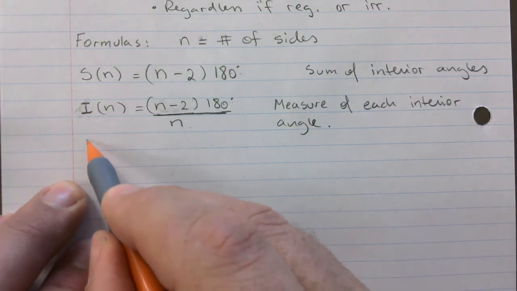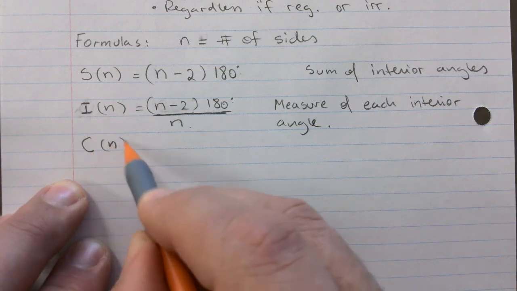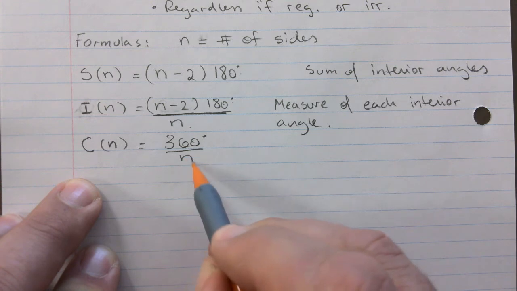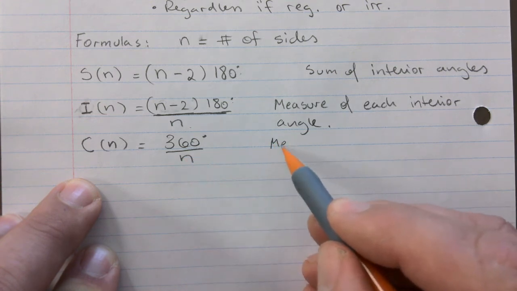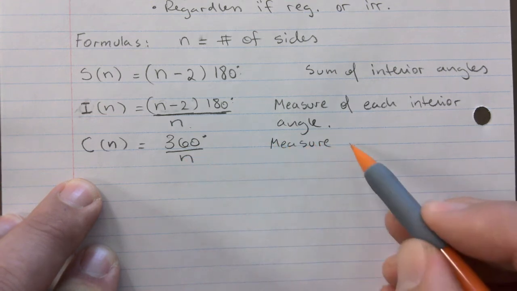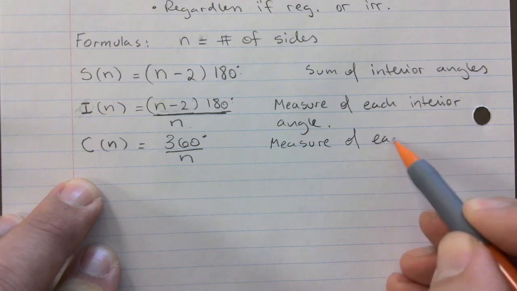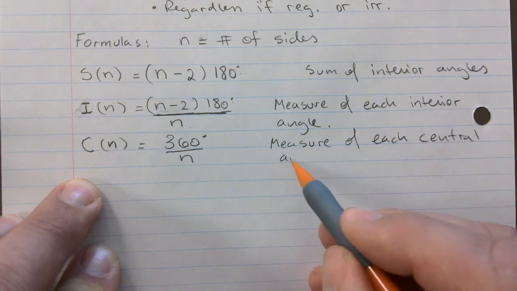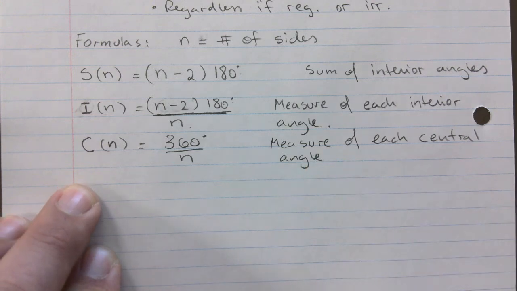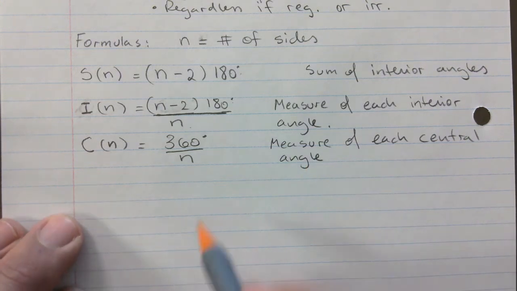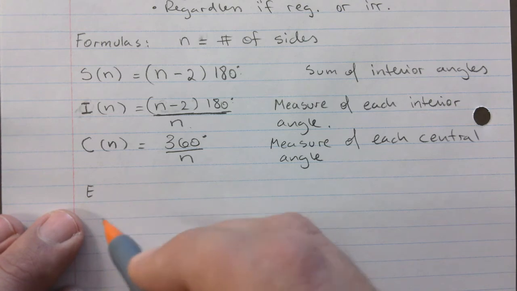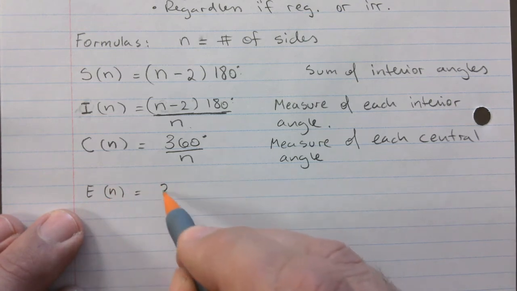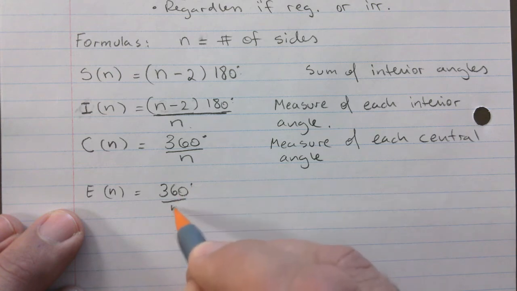Then we have C is 360 divided by n. This is the measure of each central angle. I'm going to leave a bit more space. E is 360 divided by n.